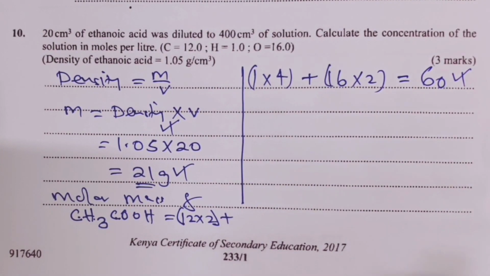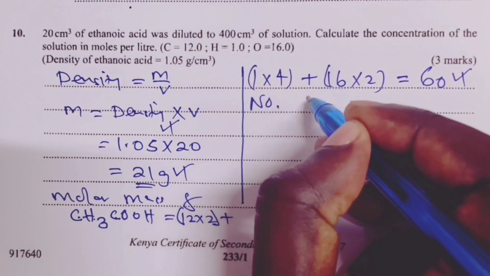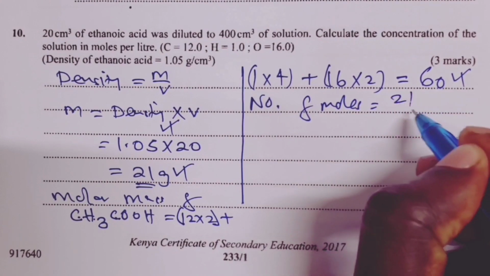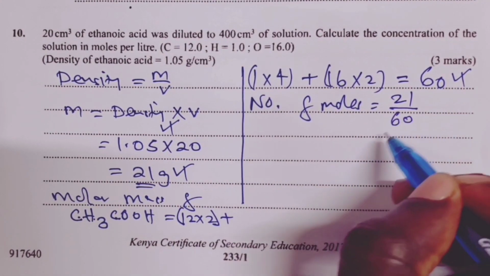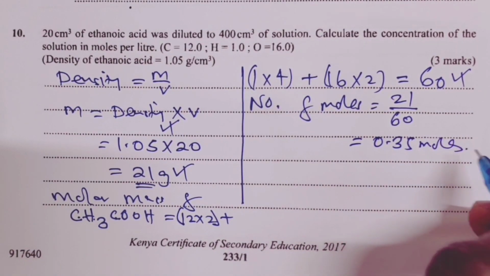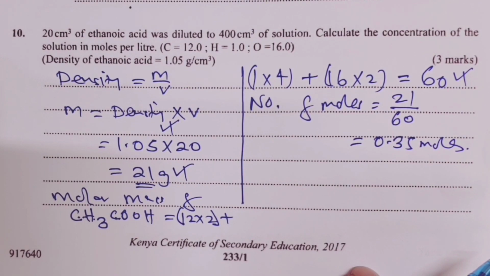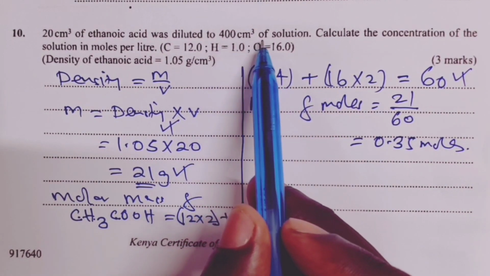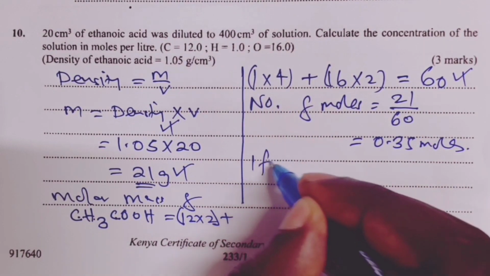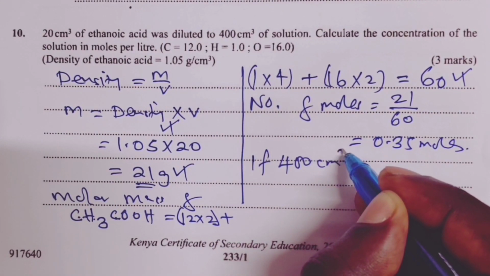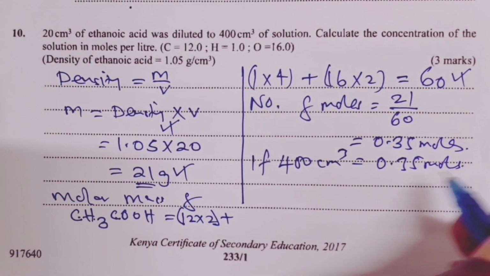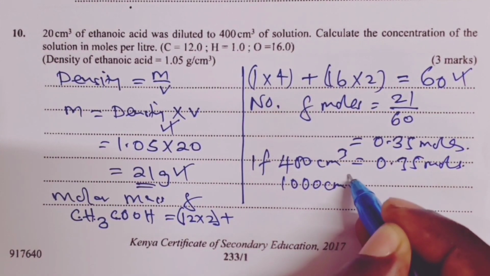From here, we now need to find the number of moles of our acid, and this number of moles would be given by the mass 21 divided by molar mass 60. That would give 0.35 moles. Now, this number of moles of the acid was present in 400 cubic centimeters of solution. So to get molarity, we would argue that if 400 cubic centimeters of our acid contain 0.35 moles, how about a liter of solution?